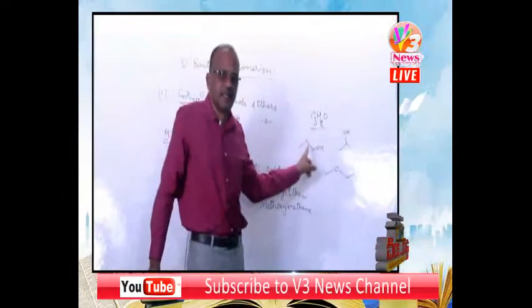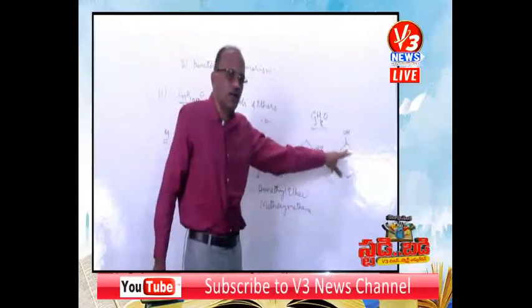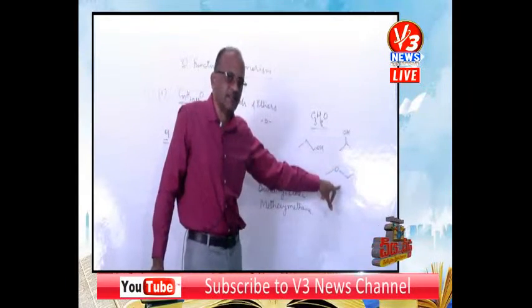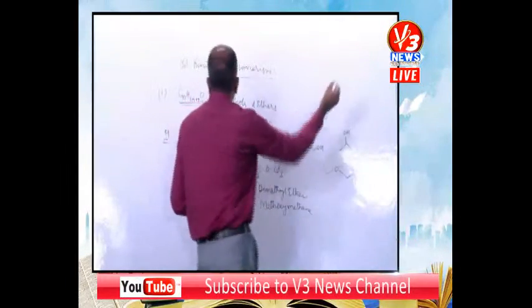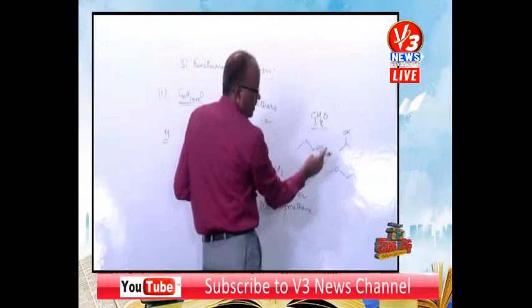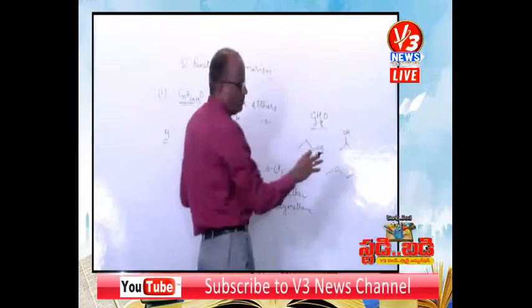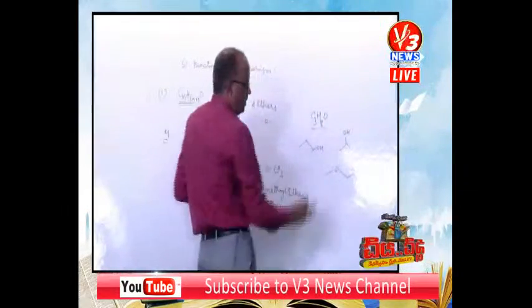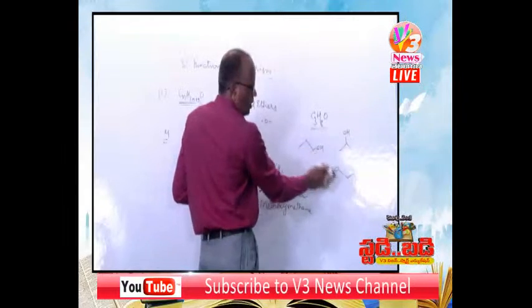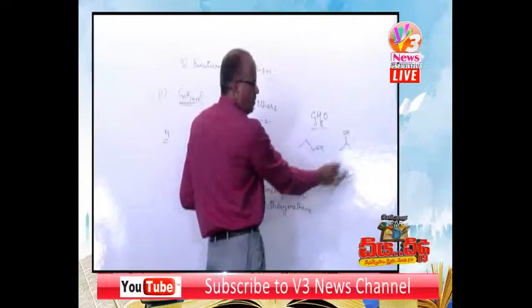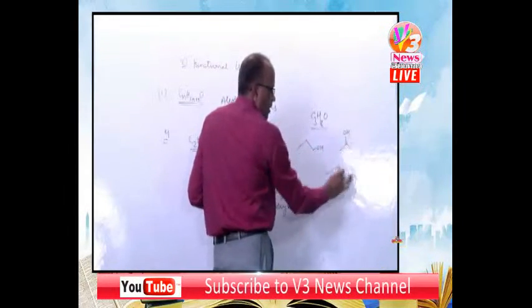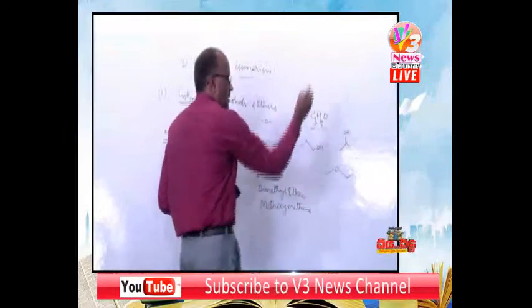So 3 structures are possible, 2 alcoholic structures and 1 ether structure. So if we take relation between these two, already you know these two are positional isomers, whereas these two are functional isomers. Similarly, these two are functional isomers.